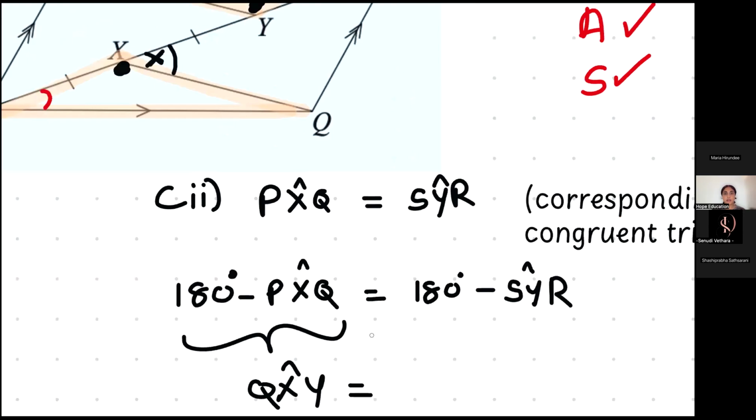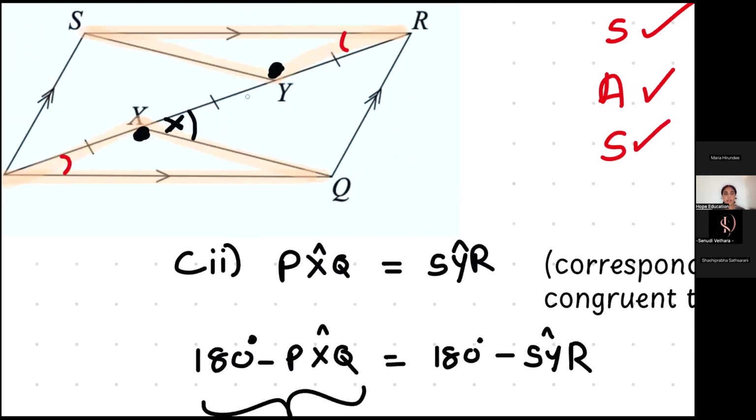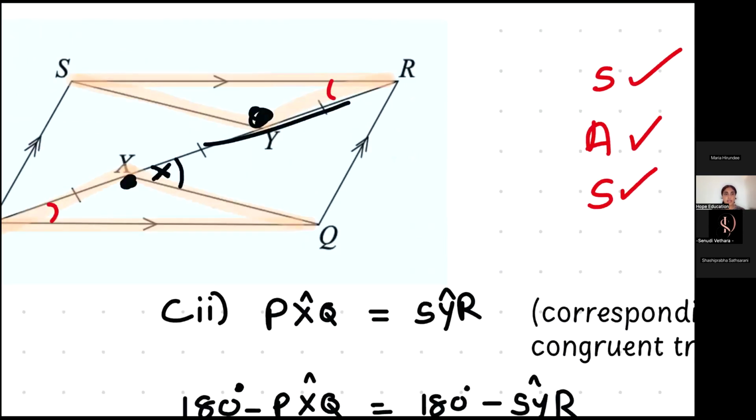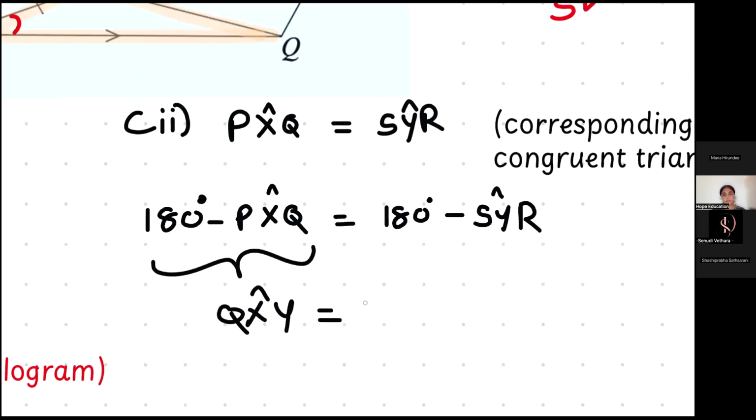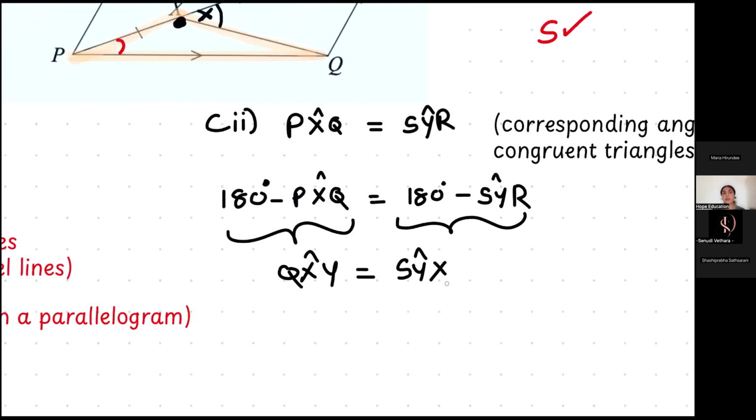Then 180 minus SYR is this angle, which is SYX. Now these two angles are equal. Up to that point, is it clear?